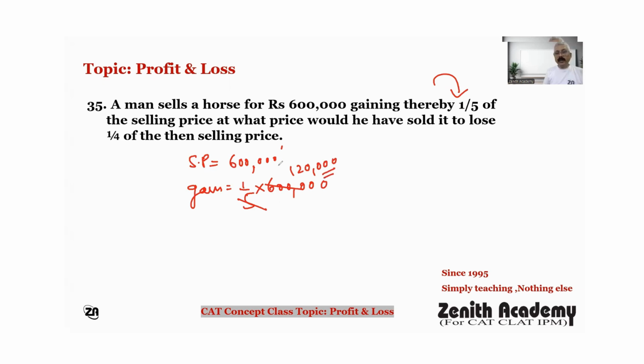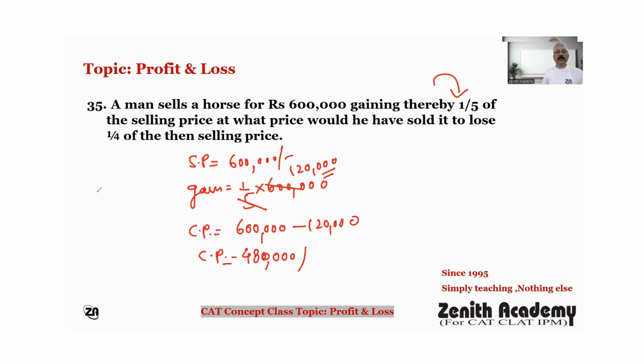If out of 6 lakh rupees, the gain is 1 lakh 20,000, so the cost price will be 6 lakhs selling price minus gain. It is 4 lakh 80,000. You got the idea?